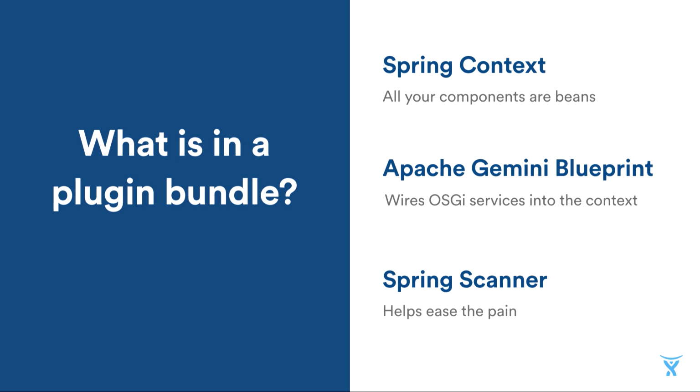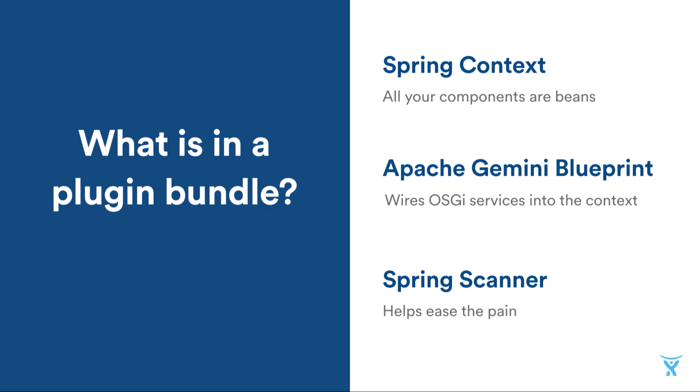Because if you hand cut your own, you have to really get in there, control the Spring context yourself, understand how Apache Gemini Blueprint's going to work. It's not horrendously difficult, but it's boilerplate stuff that's in your face that you don't really want to know about.